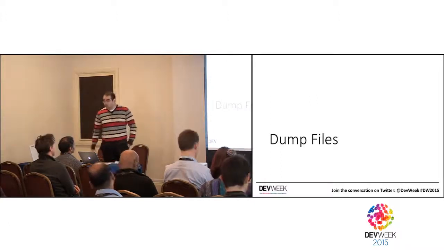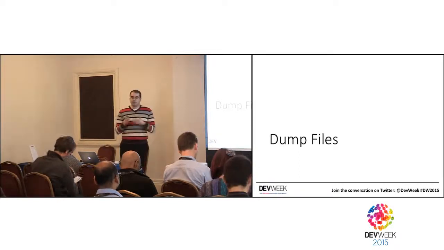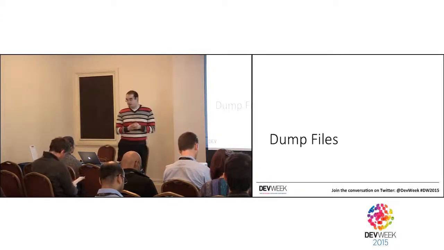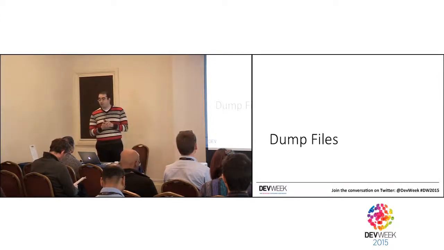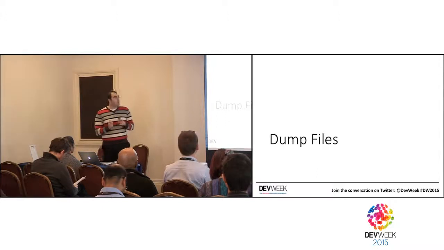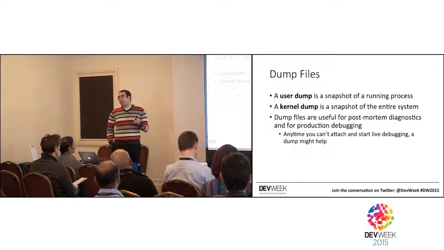So let's get started with a brief overview of dump files and how to capture dump files and what you can obtain once you have them. Again, this is going to serve as an introduction for those of you who haven't used dump files before. So a dump file in general is a static snapshot of a system or a process.